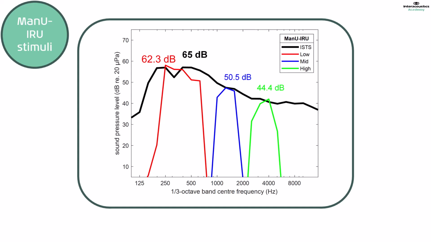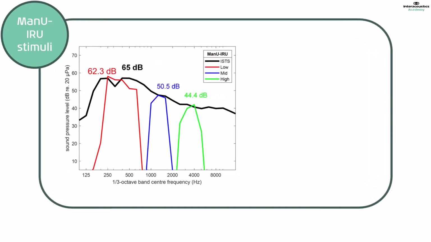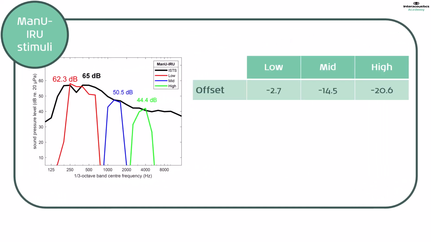When a person is speaking at a typical conversational speech level of 65 dB, those high-frequency sounds within that speech are actually a lot quieter than 65 dB, and a lot quieter than the mid or low-frequency sounds. Here we can see the effective offsets between the speech reference level and the actual sound pressure levels.